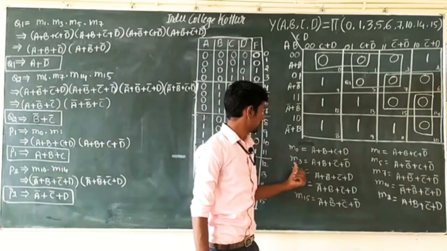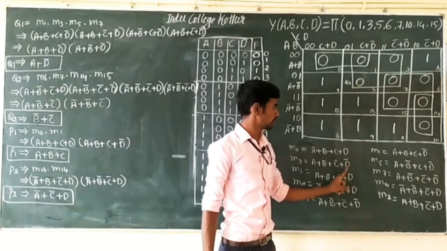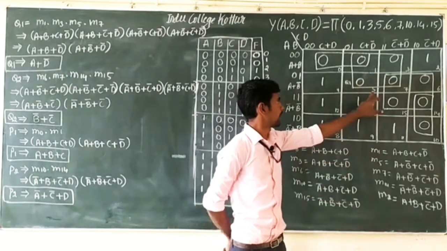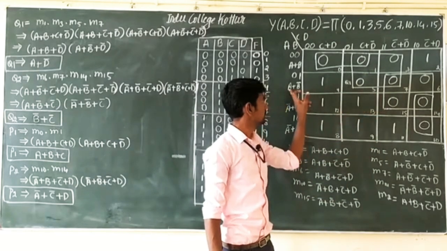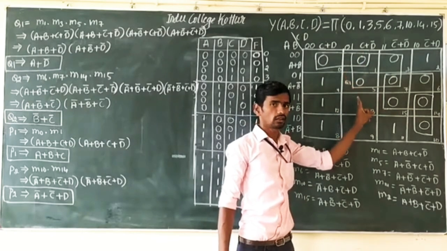M3 is A plus B plus C bar plus D bar. Next one, M5. Here is M5. It is intersected in the second row, second column.